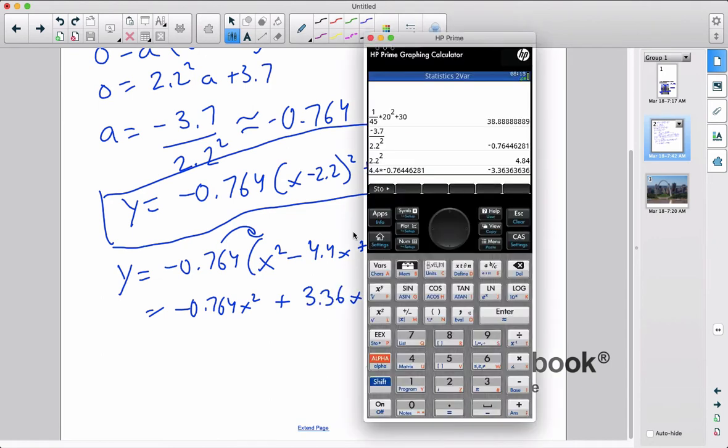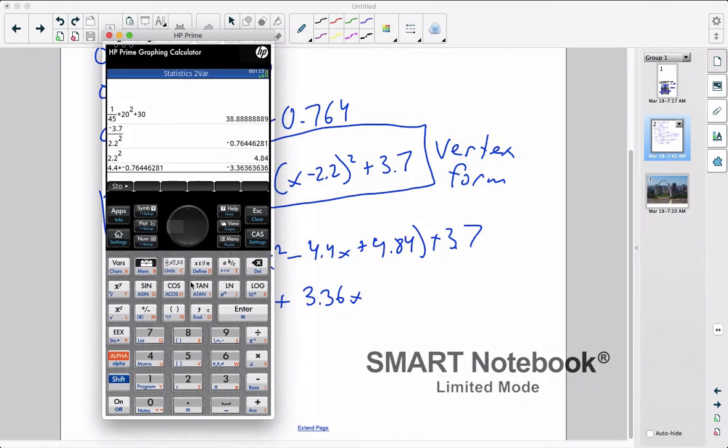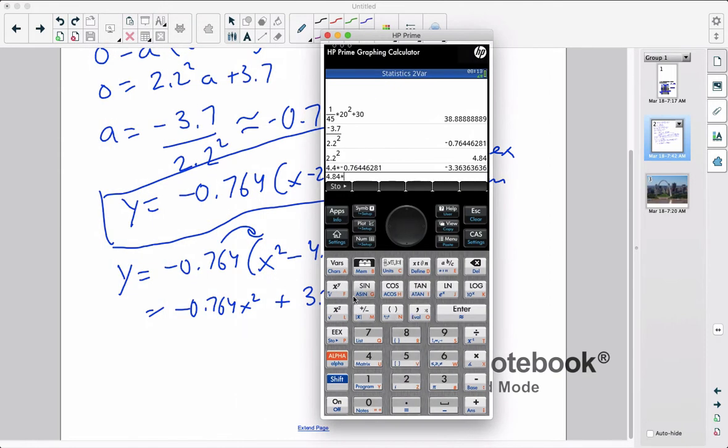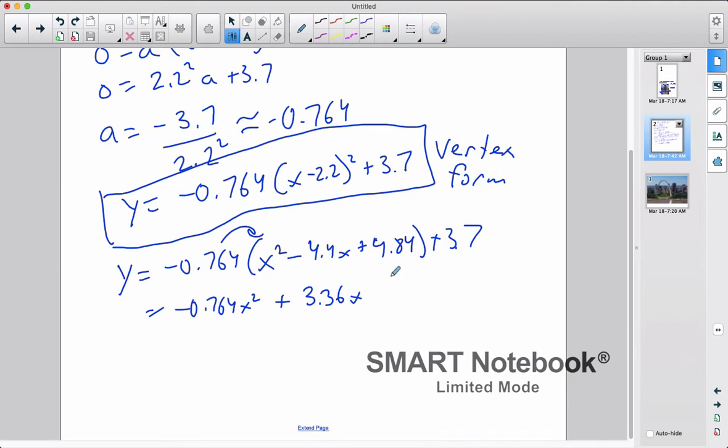And then next we're going to multiply 4.84 times negative 0.764. Actually, let's use the exact value up here. Okay, and it's exactly negative 3.7, that's surprising. This times this gives you exactly negative 3.7.